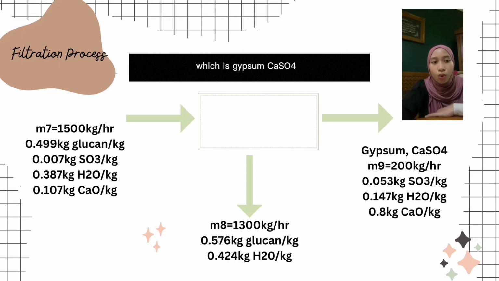The first is gypsum, CaSO4, containing 0.053 kg SO3, 0.147 kg H2O and 0.8 kg CaO at a rate of 200 kg per hour, and the other output is 0.576 kg glucan and 0.424 kg H2O at a rate of 1300 kg per hour.